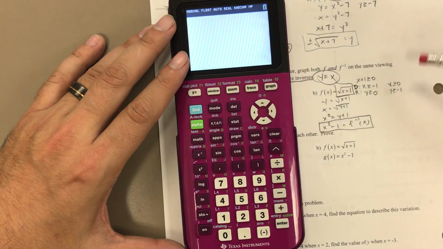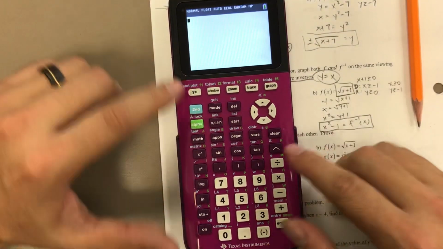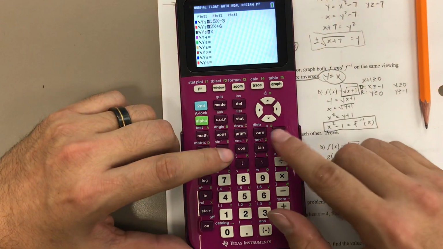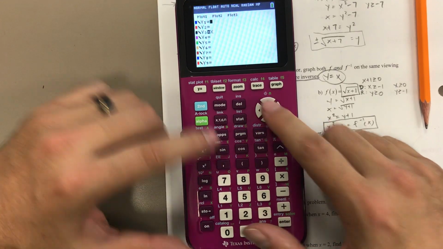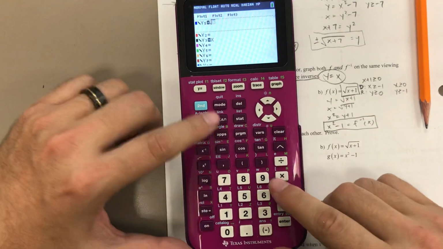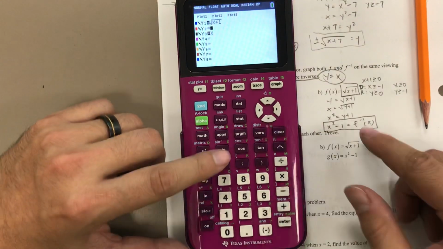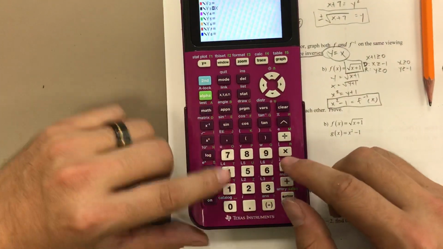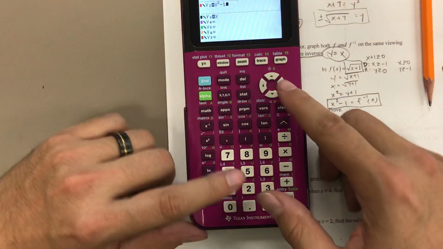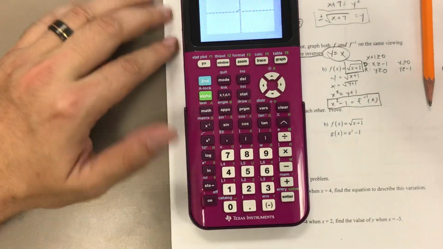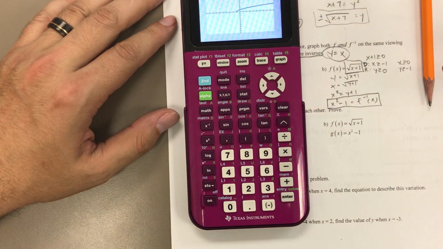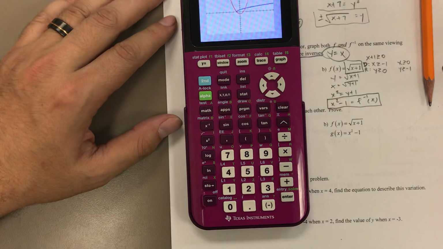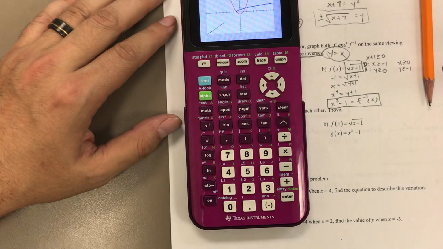Okay, so y equals the original function, the square root of x plus 1, and then x squared minus 1, and then x. Let's graph it out. So there's the square root function, here's the quadratic, and then there's the line y equals x.